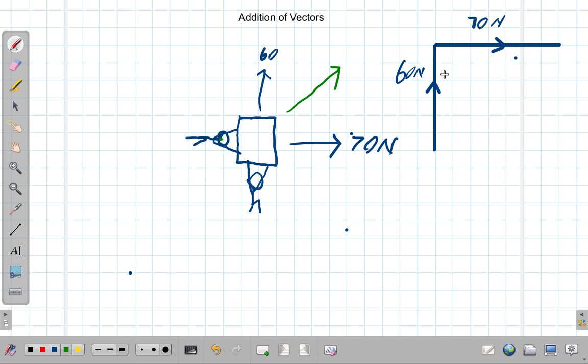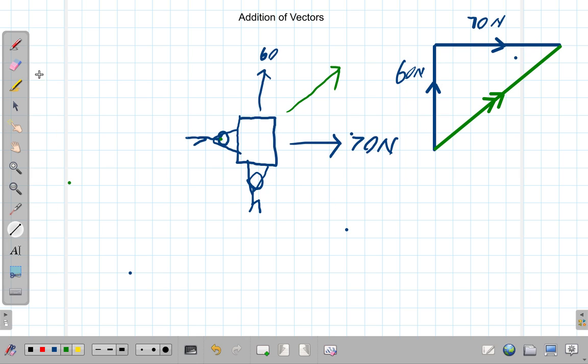Now, let us join the ends of these two vectors. Let's use a straight line. All right. Now, the table, as we saw, would move somewhere in this direction. Let's put 2 arrows on it, because it is a combination of 2 forces.